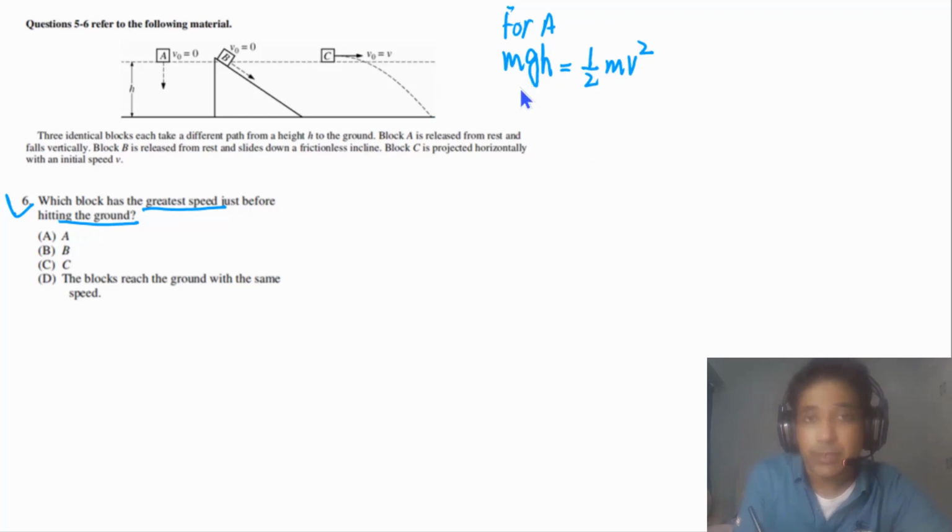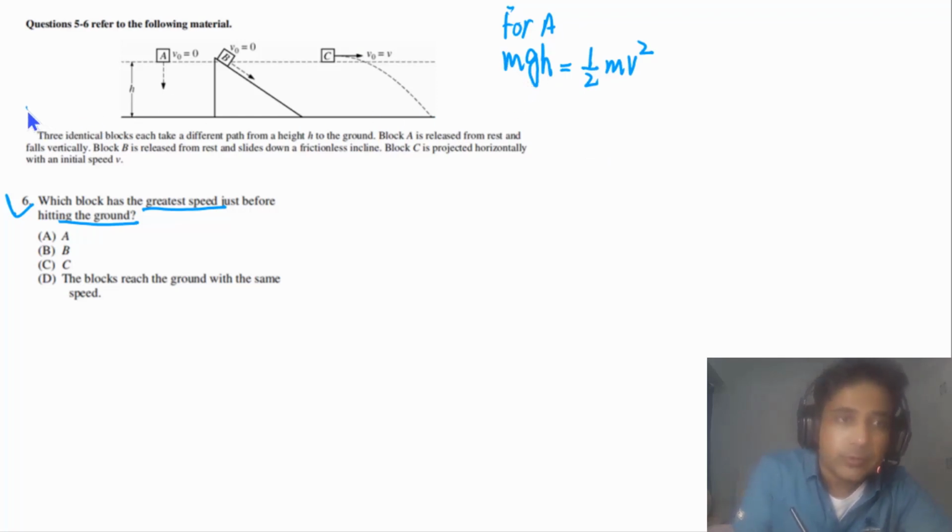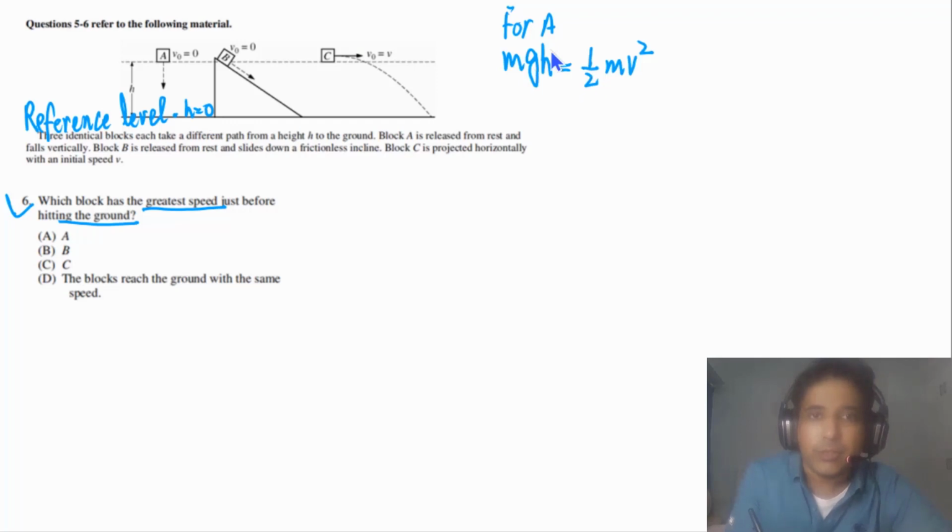So this is for block A. In this case, our reference level, very important, is the ground. At this point we are taking h equal to 0. So all the potential energy will be converted into kinetic energy just before the block hits the ground.